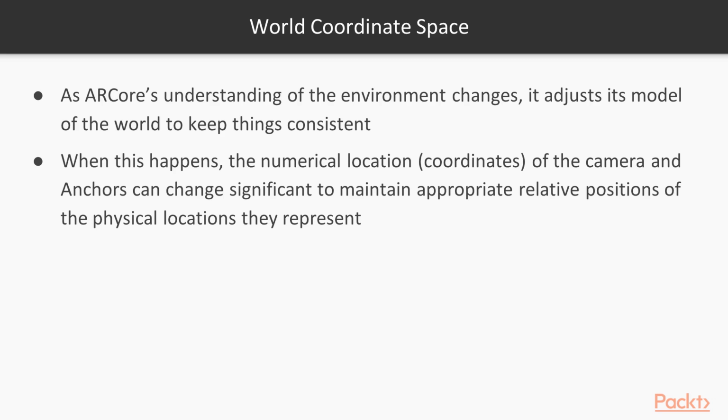The numerical coordinates of anchors and the camera should never be used outside the rendering frame during which they were retrieved. So when we're talking about anchors here, we're talking about points that you use to signify specific features in the frame, which we're going to talk about more in the next video.